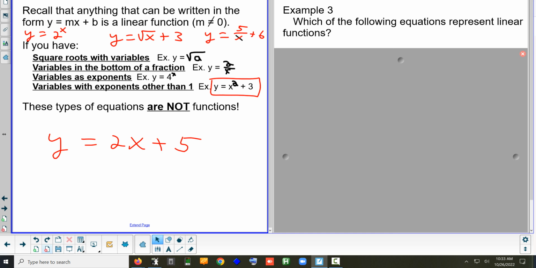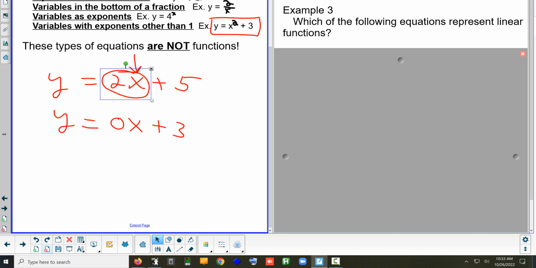Now, what number would I have to put right there to make this whole part disappear? Anybody think of a number you could plug in for that you can multiply by and it cancels something out? Yeah? 0. So what if I had something like this? Y equals 0 times x plus 3.